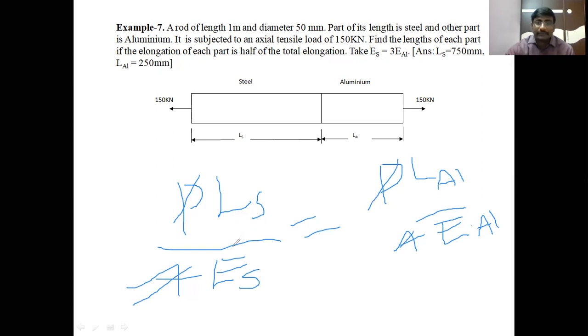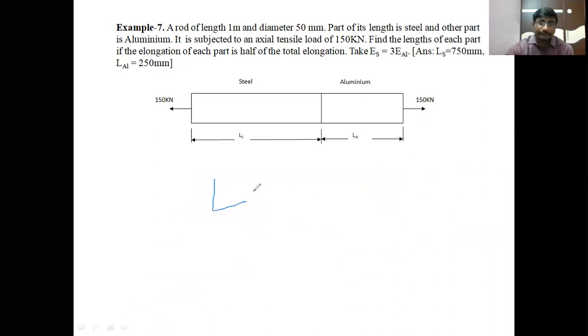Therefore, LS by ES is equal to LAL by EAL. From this condition, by substituting ES by 3EAL, EAL cancels, and it remains LS by 3 equal to LAL.